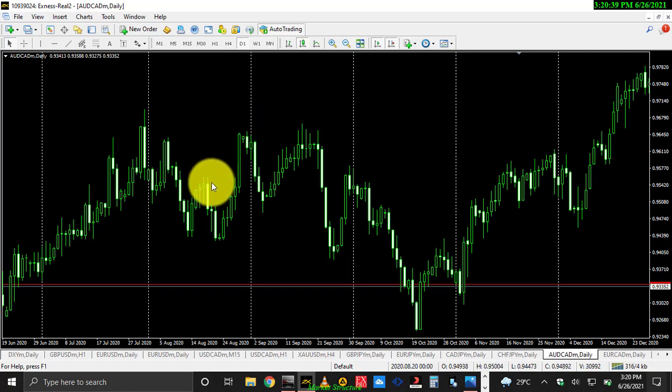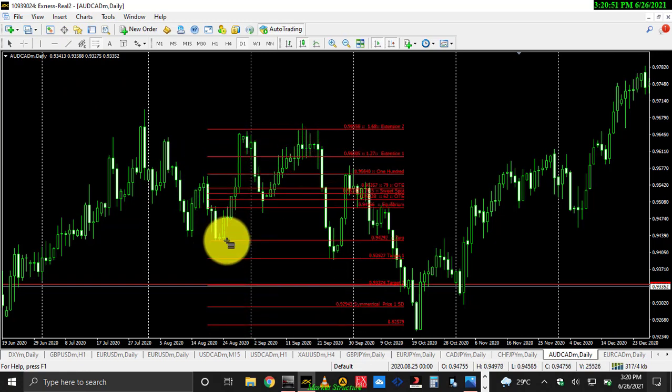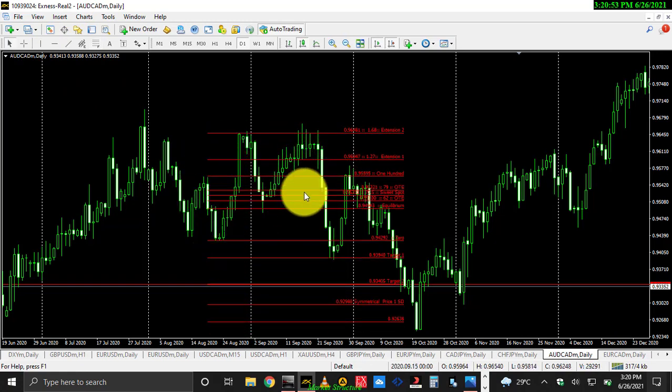Now this side, if let's say you took a trade based off the market structure here, you were selling at equilibrium, you would have had a loss right here.